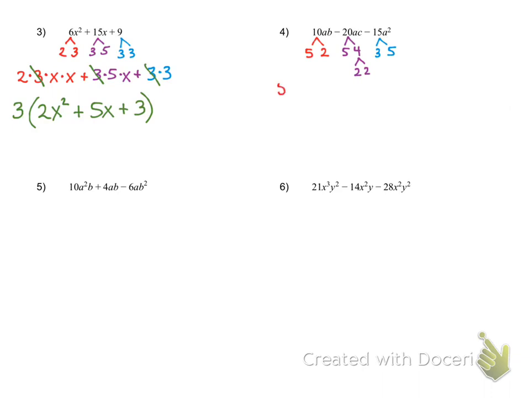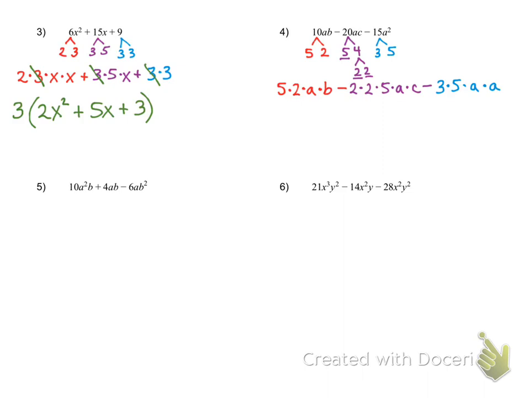So we have 5 times 2 times A times B minus, for this one I'm only looking at the numbers at the bottom of the factor tree. So we have 2 times 5 times A times C, and then minus, and then we have 3 times 5 times A times A.